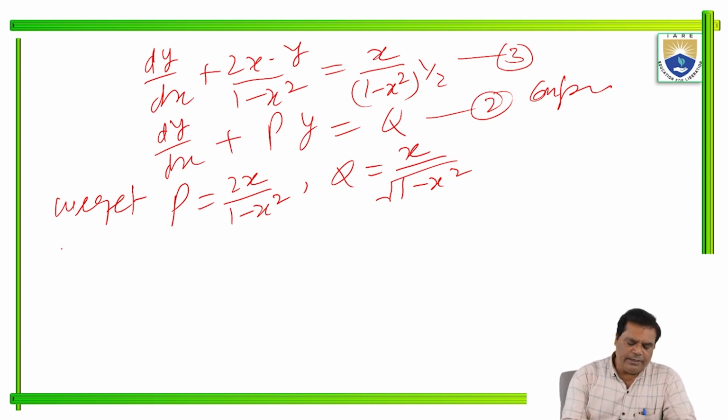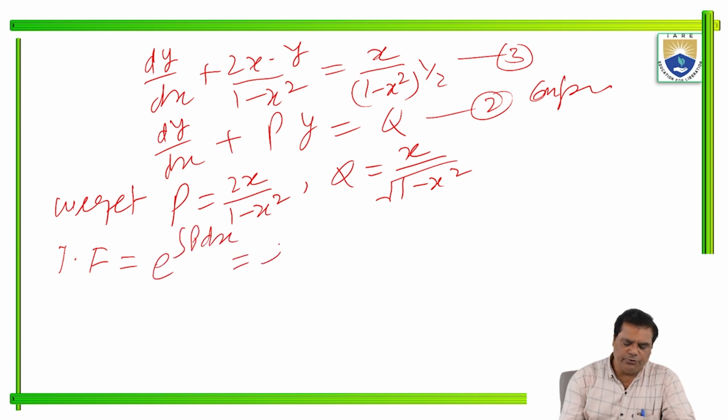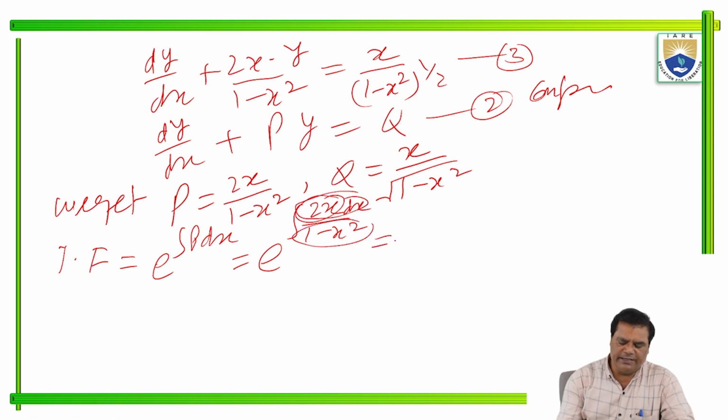Now we find the integrating factor, IF. The integrating factor IF is e to the power integral of p dx, so e to the power integral of 2x upon 1 minus x square dx. This is the total differential of this function, so we can write e to the power minus log of 1 minus x square.